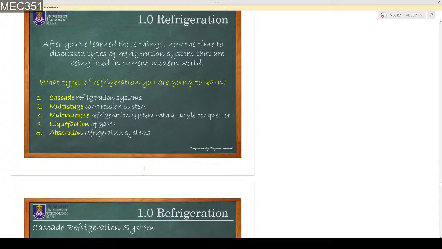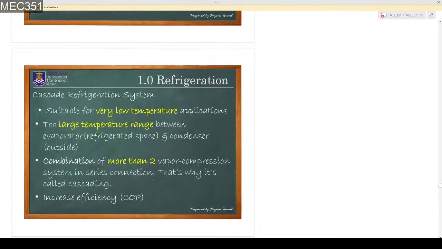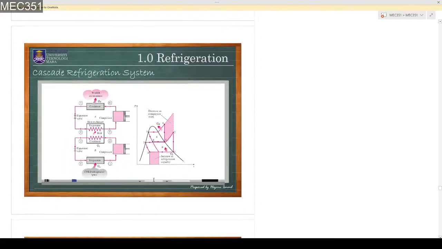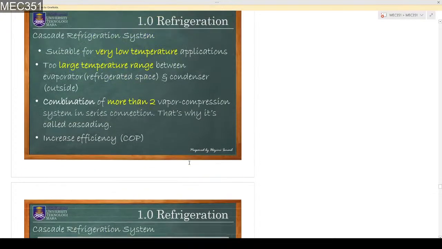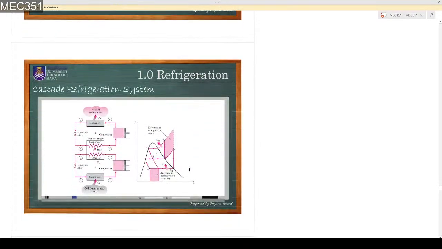So for today I will show you how to solve the problems or calculations, how to analyze the cascade refrigeration system. Let's revise what we learned last week.